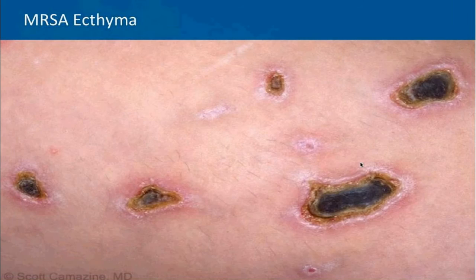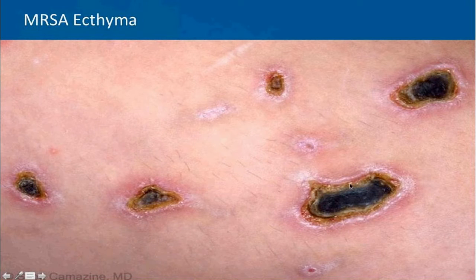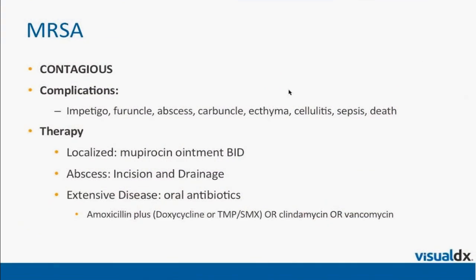And so then once it progresses to true eschar, we call that an ecthyma. So these are deep-seated MRSA ulcers caused by a deeper infection. So just to recap, MRSA, highly contagious. One thing to keep in mind is that the prevalence in the community is really high.